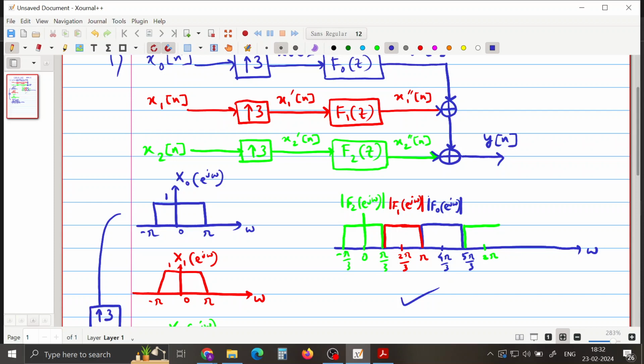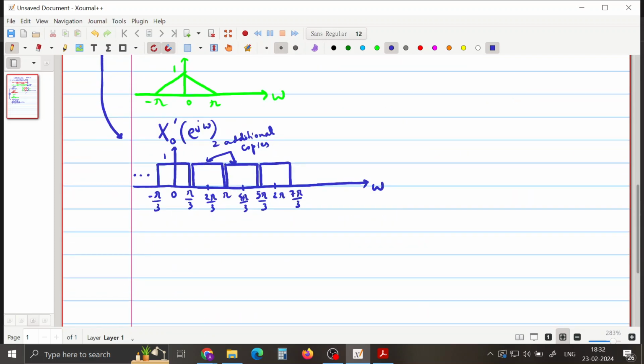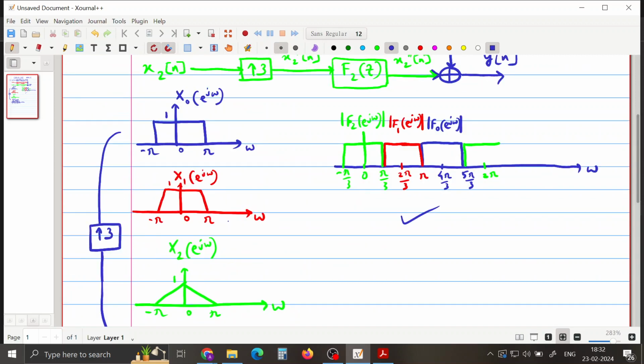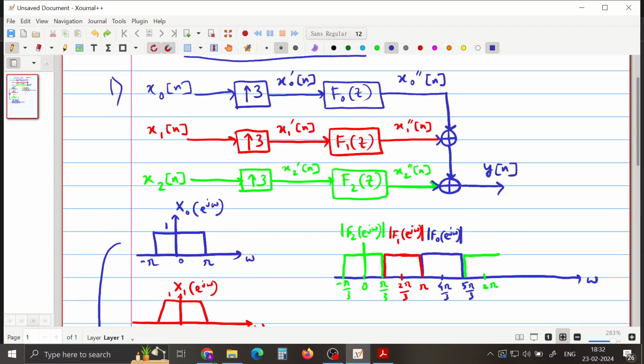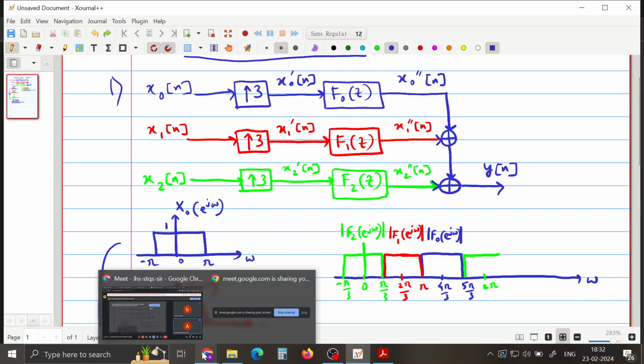The f naught of e power j omega basically will filter this x naught prime of e power j omega. Can you tell me what the output would look like?